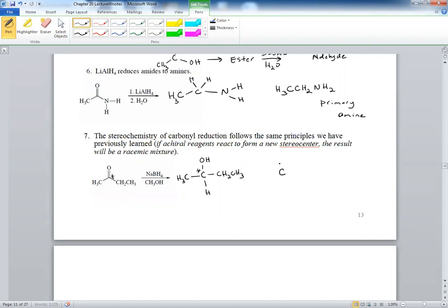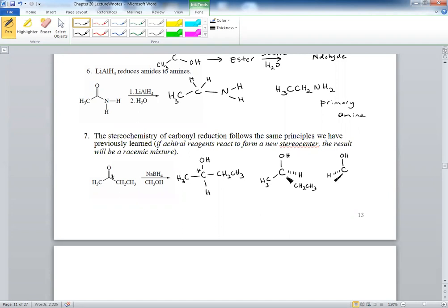So let's say we have OH, H, the CH2, CH3, and then of course the CH3. So that's one, and then its enantiomer, its mirror image, would be the reflection of it, where you can just draw the reflection here, or you can just switch the bonds.